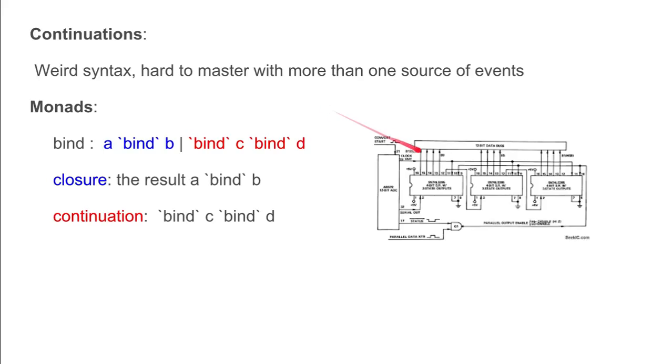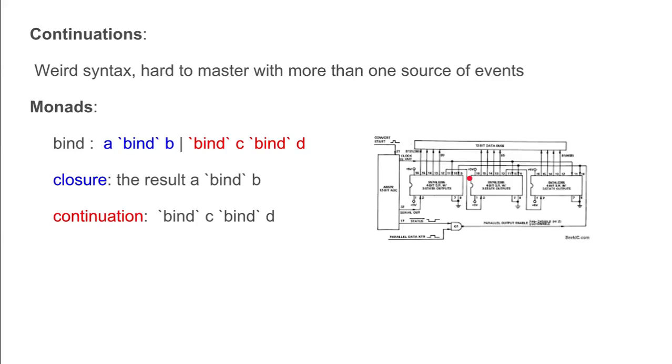But how to do this in software? Of course, this is not a perfect analogy, but it shows some of the similarities. How to manage a continuation in a better way? Let's look at monads. A monad uses a basic operator which is bind.